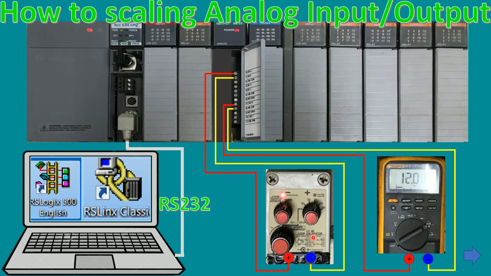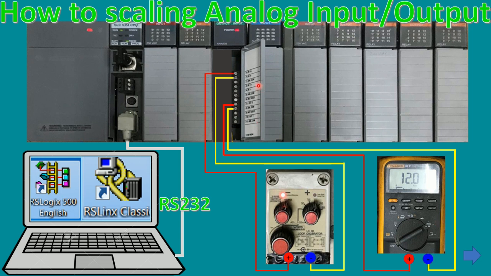And here is the current loop that I already connected the cable to analog input. And here is analog output channel number 1 that is measured by a multimeter, and I already selected the function to milliamp DC.